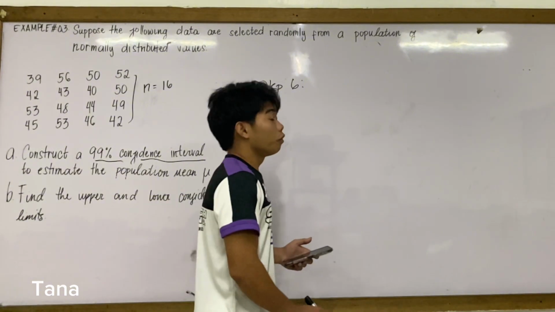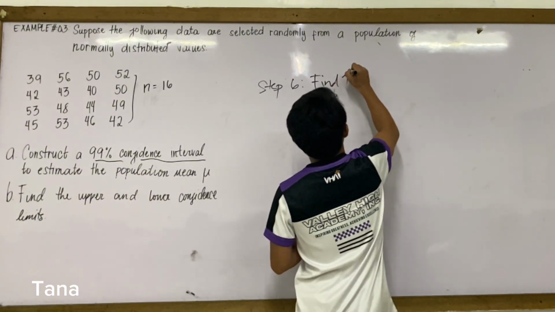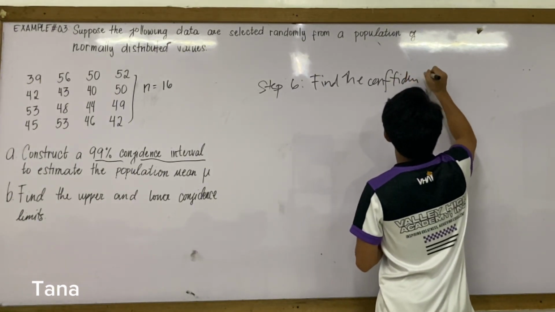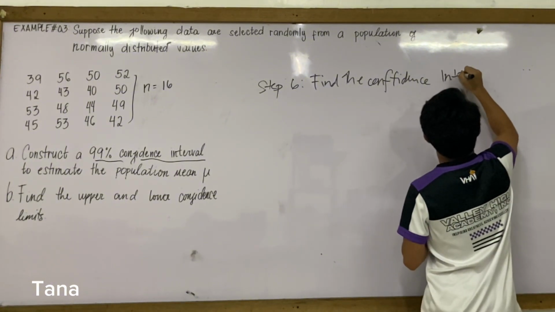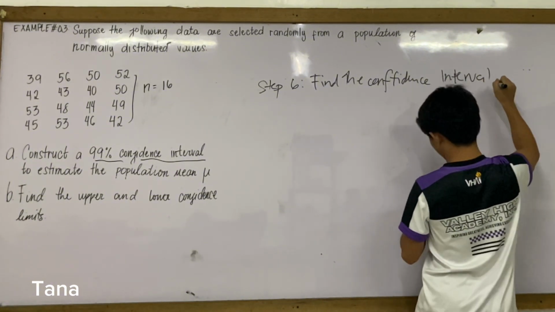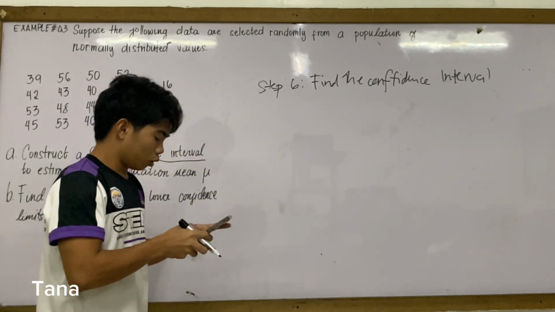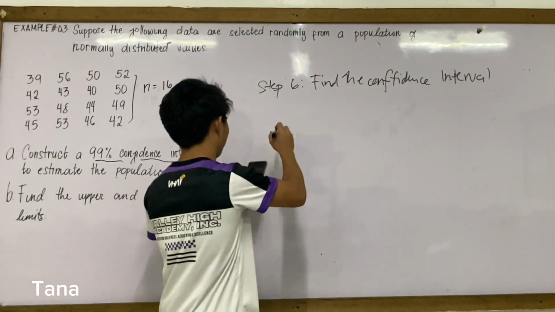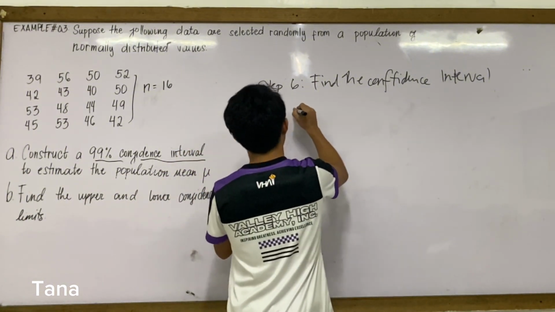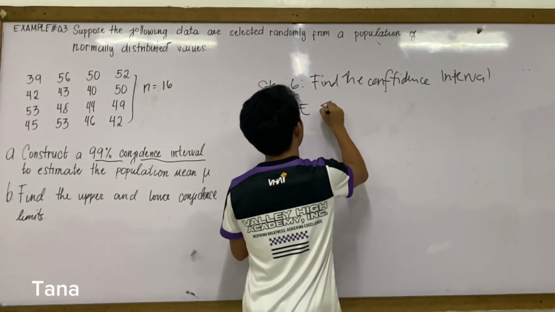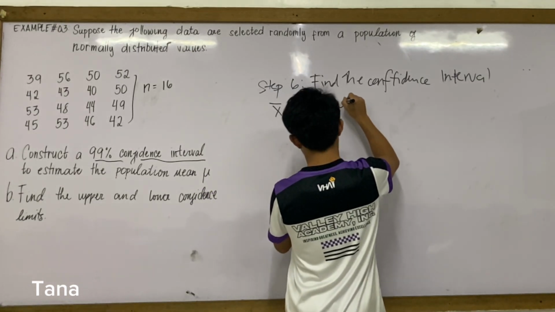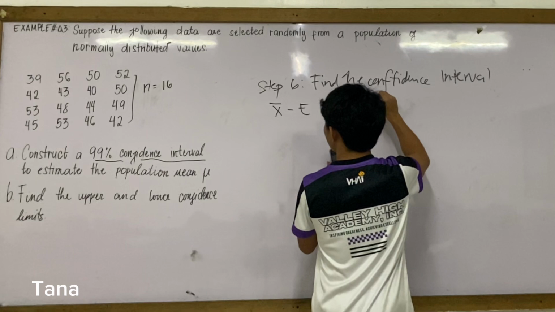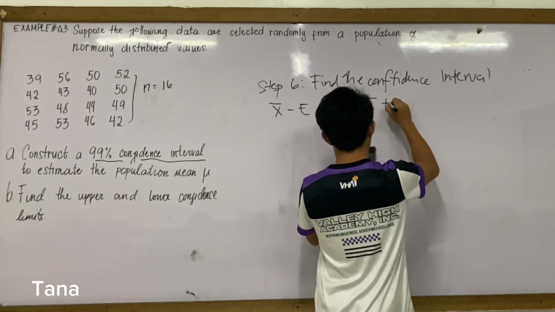In step 6, find the confidence interval. To find the confidence interval, we use this formula: sample mean minus margin of error less than population mean less than sample mean plus margin of error.